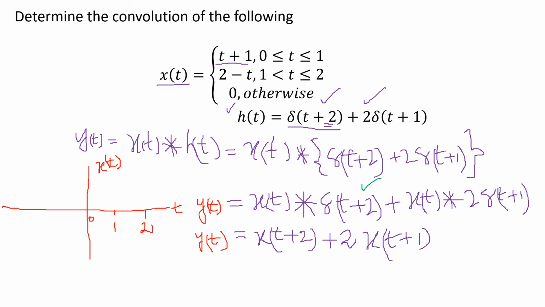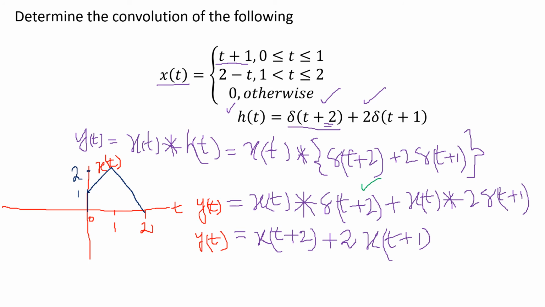If I plot the signal, t plus 1 is something here. For example, this is equal to 1, and maybe this point says 2. So t plus 1 looks something like this, and for 2 minus t, at t equals 2 it will be 0, so something like this. This is your input signal.